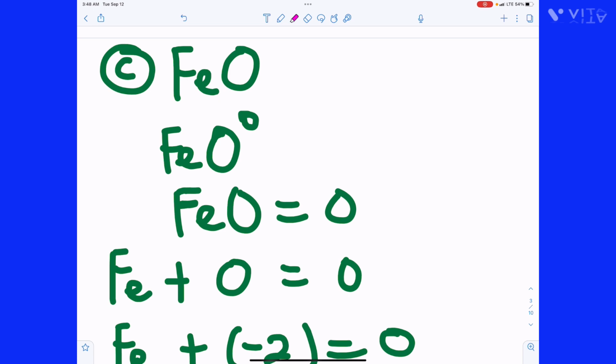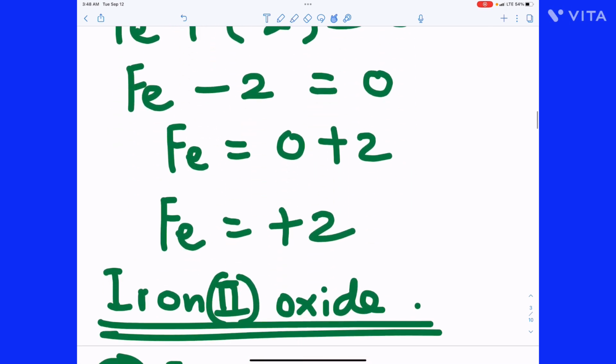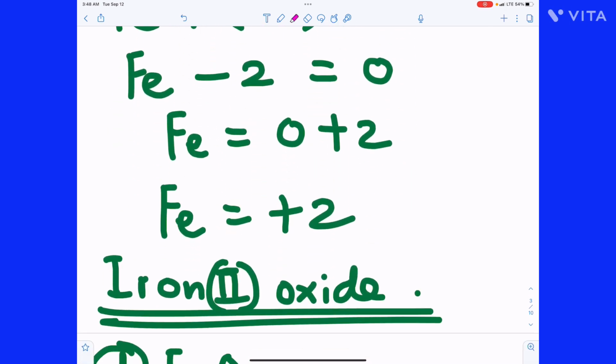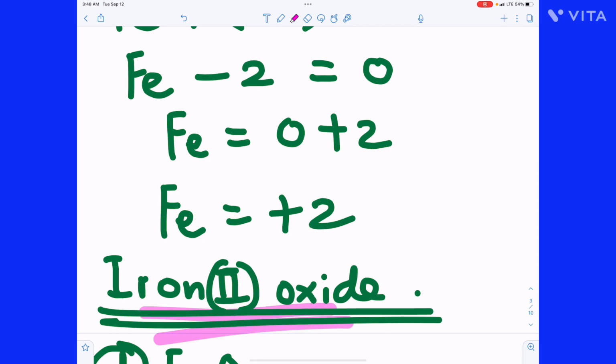So oxygen is minus 2. The charge of oxygen is minus 2 in its compounds. So Fe plus minus 2 is equal to 0. Fe minus 2 is equal to 0. That gives you also what? Fe is equal to plus 2. So we call this compound iron 2 oxide.